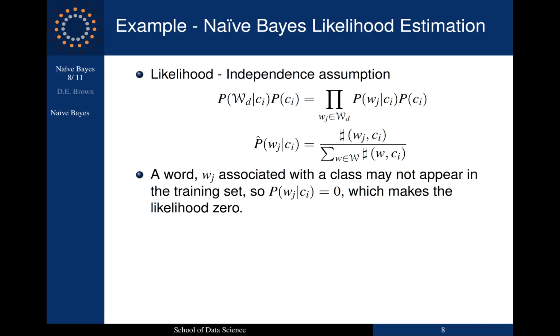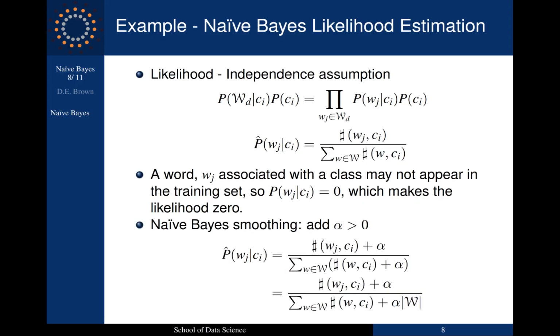We don't want something like that to show up and grossly affect the way the naive Bayes classifier works. The way we get around that is by adding a smoothing parameter, alpha. This says that any word in our vocabulary is going to get some positive probability of being associated with one of the class labels.